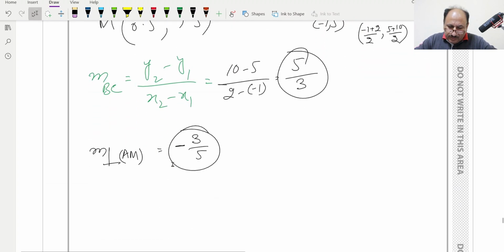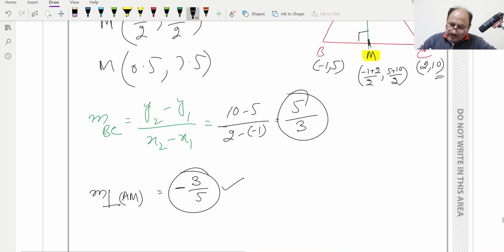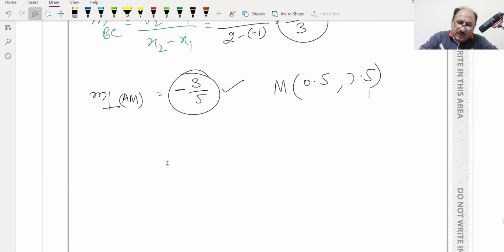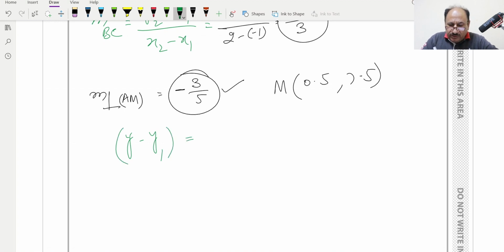we can write this equation using this gradient and the point, which is this M point. M point has coordinates 0.5 and 7.5. So these two we'll be using, plus we will be using the formula y minus y1 equals m into x minus x1, known as the equation of line in point slope form.